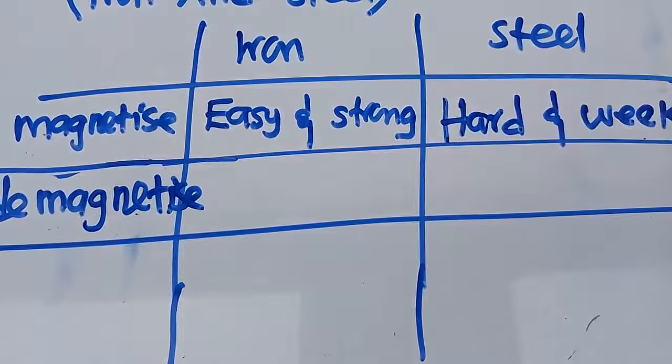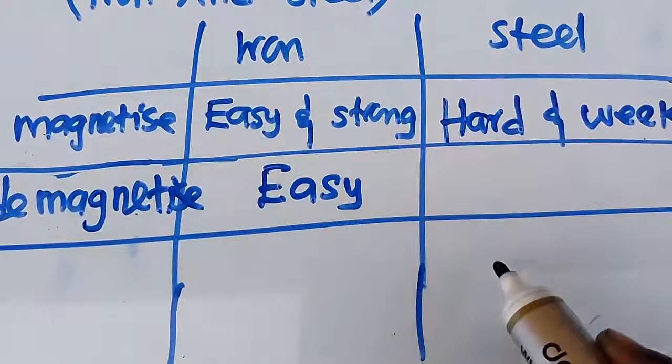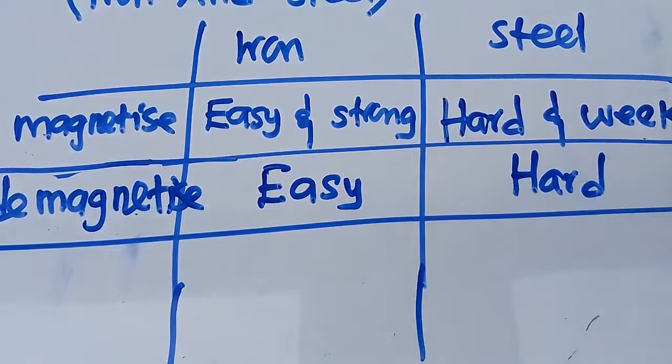In terms of demagnetization, it is very easy to demagnetize iron, but very hard for steel. That's why when a steel becomes a magnet, it can stay a magnet for a longer period of time compared to iron, because iron is very easy to demagnetize. But when we are talking about steel, it is very difficult.